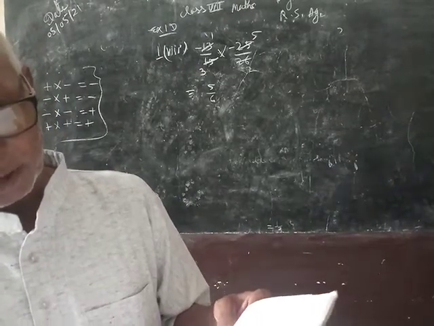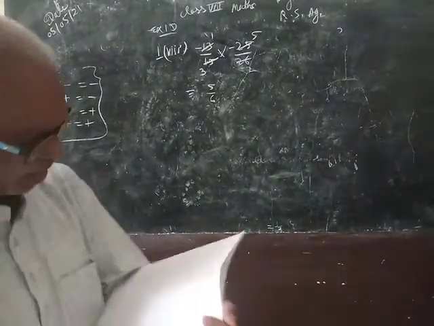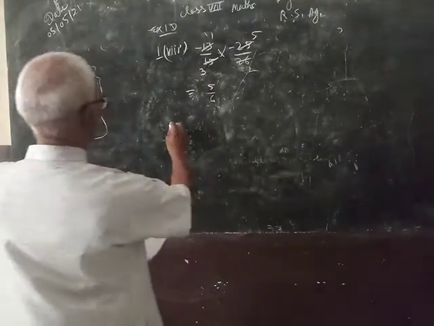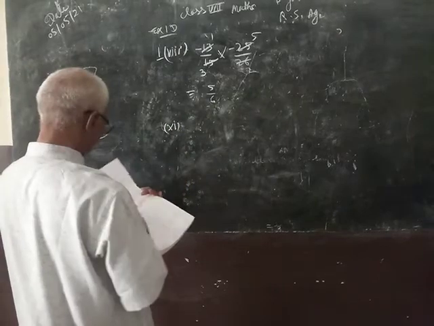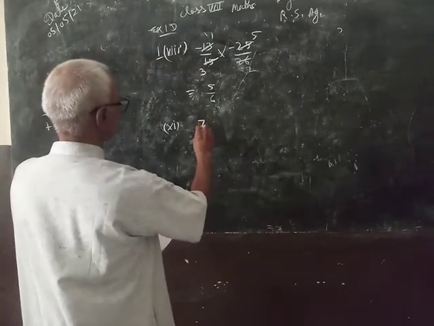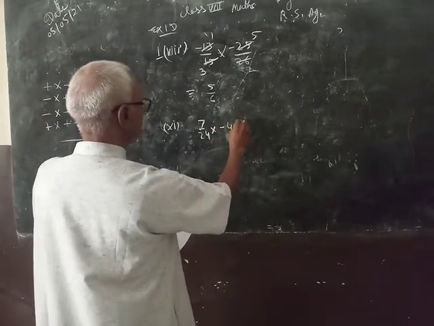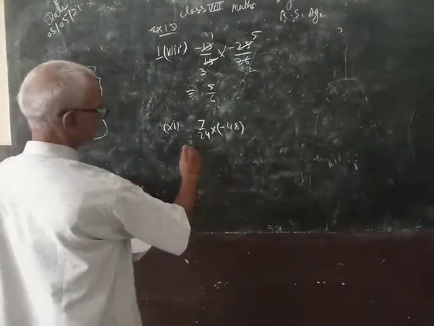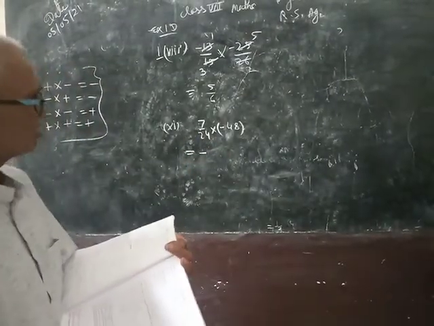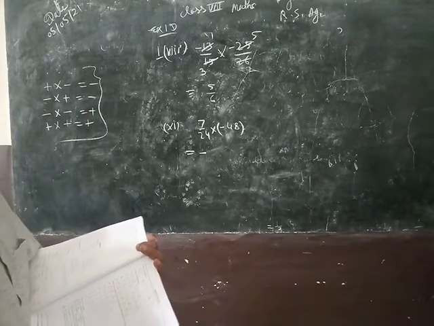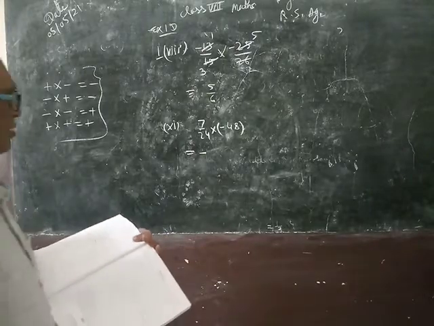One more I am doing here. This one is 11, and you try to finish all 12 parts of this question. Number 11 is 7 by 24 into minus 48. Here the first number is plus and the second is minus, therefore the minus sign will come. Whenever a minus sign comes, you have to write it. If plus comes, you may or may not write it.